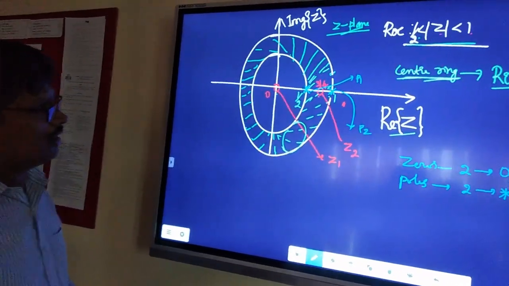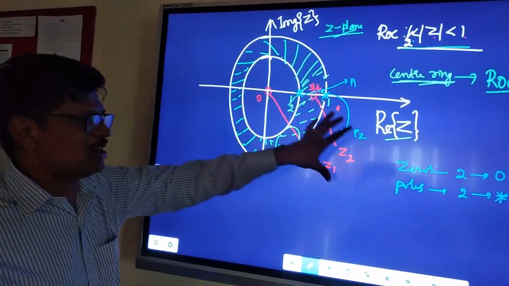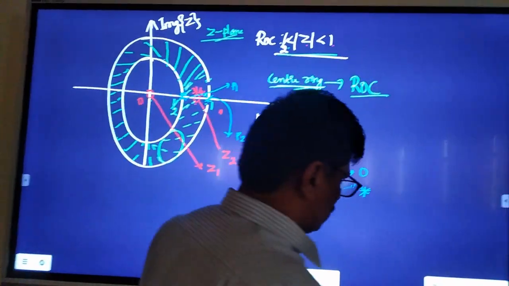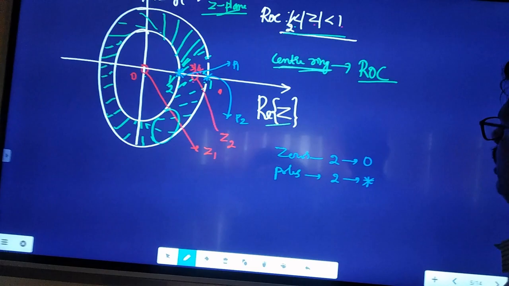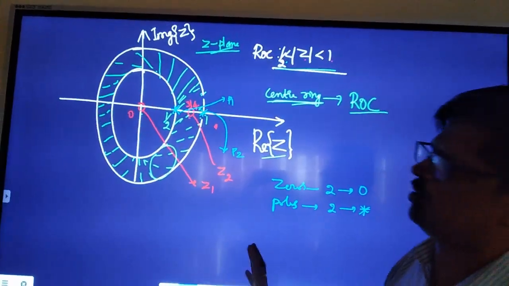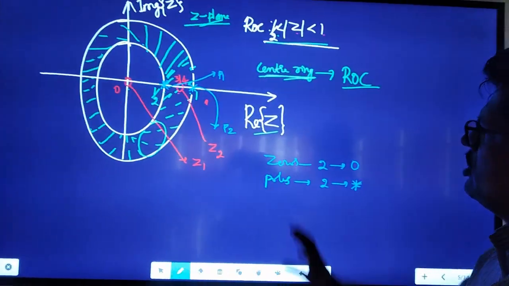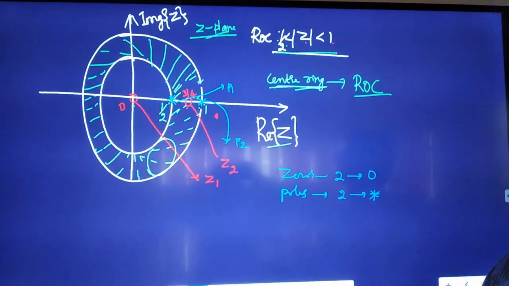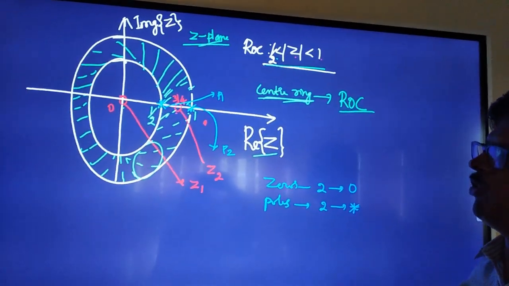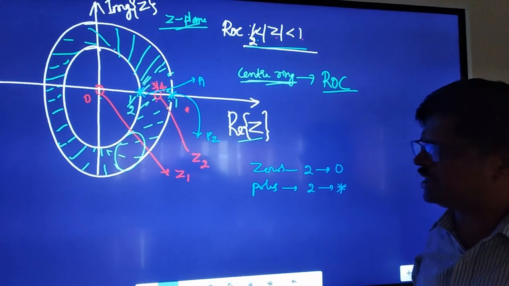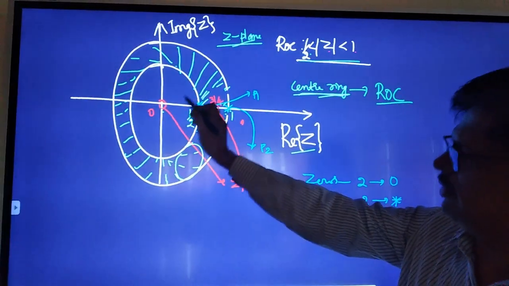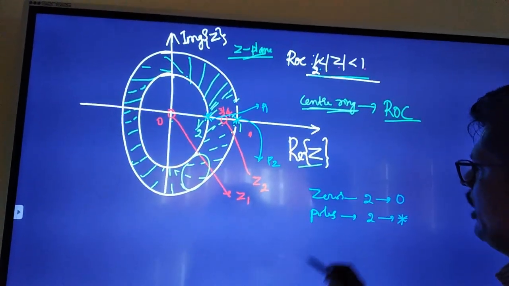Then my last step is zeros and poles. Now, zeros and poles locations. Here, just see, the last part of this session is zeros and poles locations we have to plot in this Z domain. Right? For that concept, right now in this diagram, observe this.